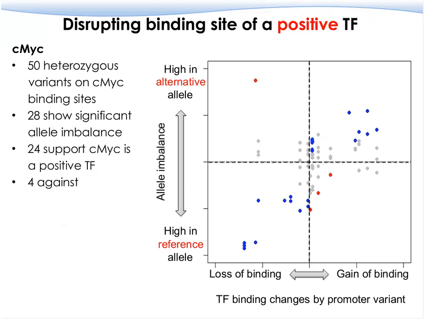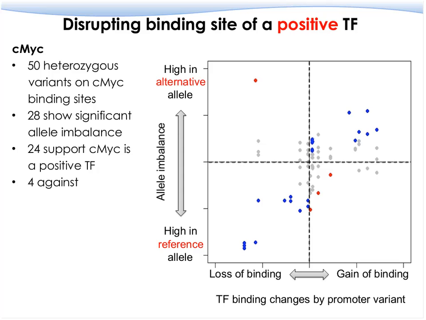So when we turn back to the transcription factor studies, this is one example. We found this is the CMAC binding protein, which is a transcription factor that is very important in a lot of physiological situations. And we found there are 50 heterozygous variants on these CMAC binding sites, and 28 of them showed significant allele imbalance.